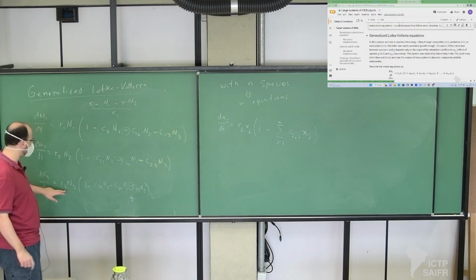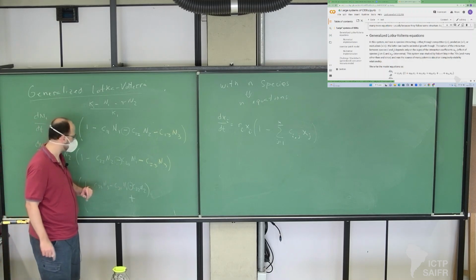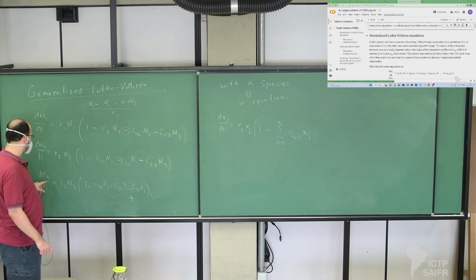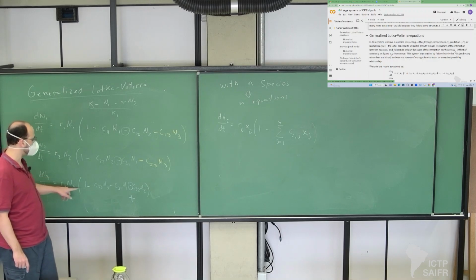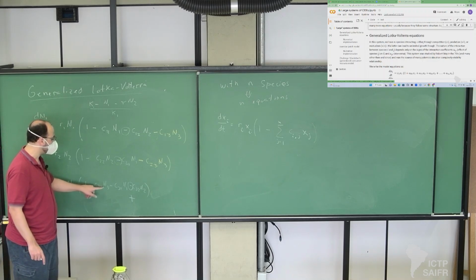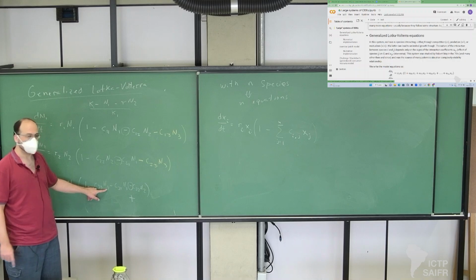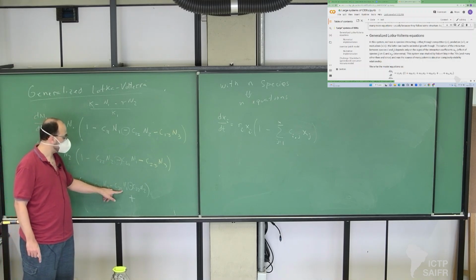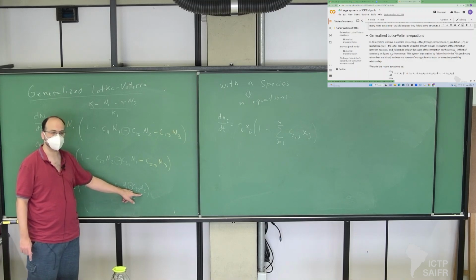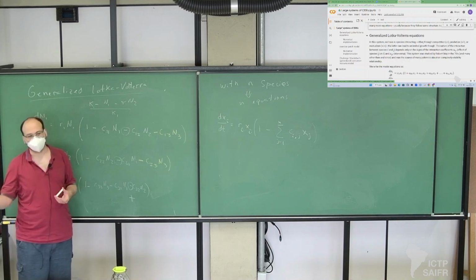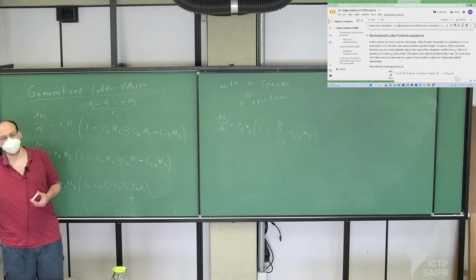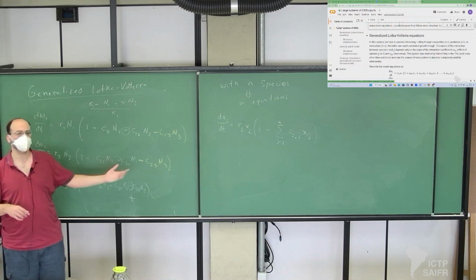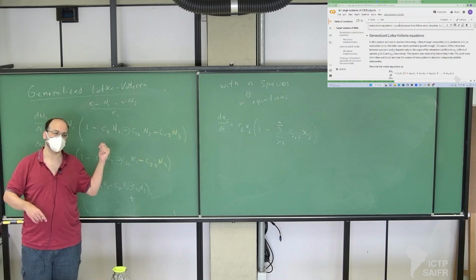If this is a plus over here, this means that this growth rate is decreasing because it's competing with itself, and decreasing because it's competing with species 1, but there's a positive term here because it is predating species 2. So it gains from consuming species 2 and loses from competing with species 1 and 3.